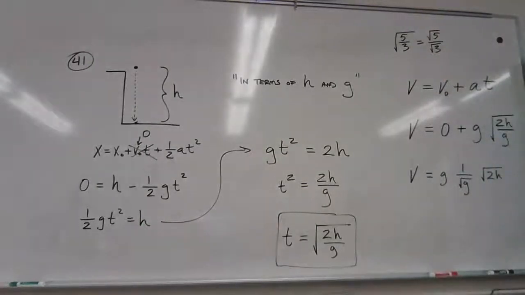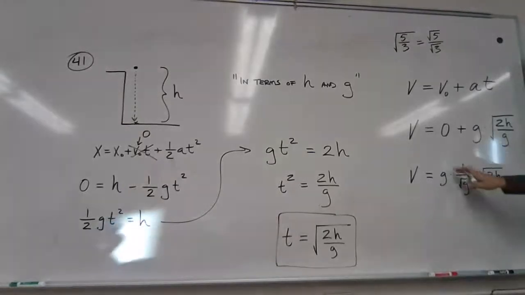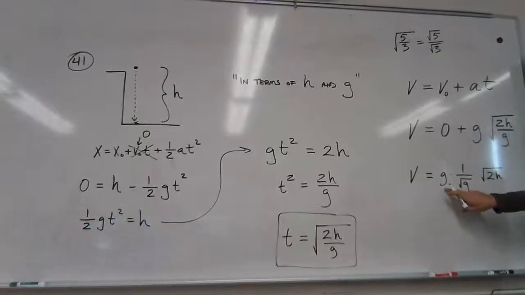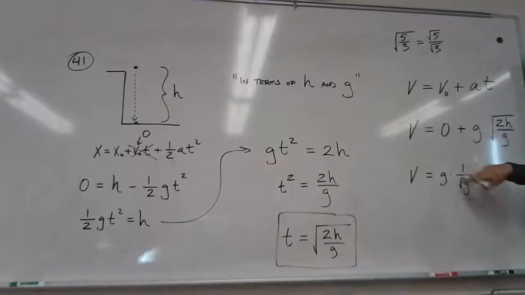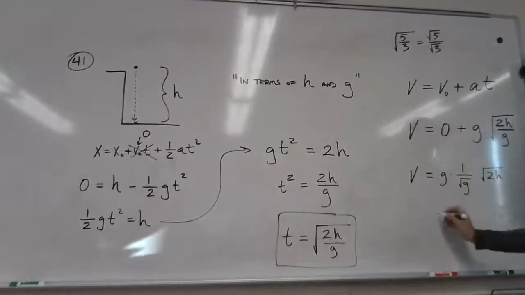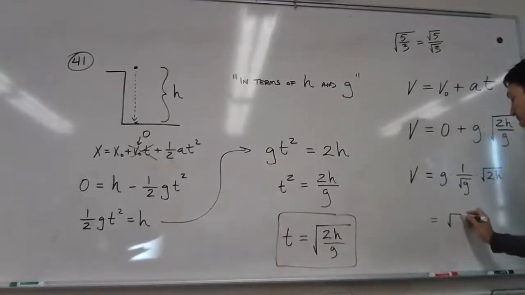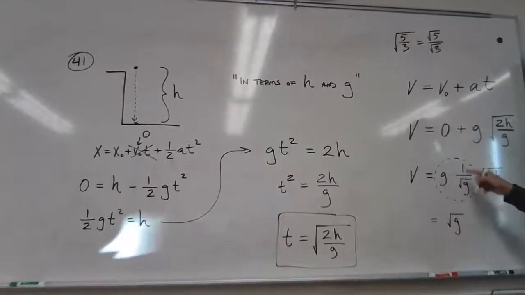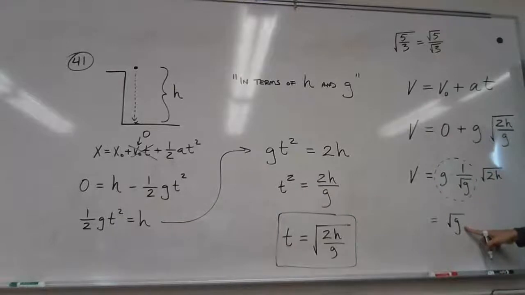Same thing here. And then I've got g over the square root of g. I can think of this g as being root g times root g, and cancel one of them out. Is everyone okay with turning this into this?